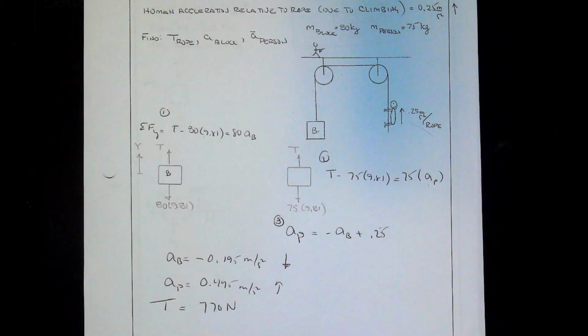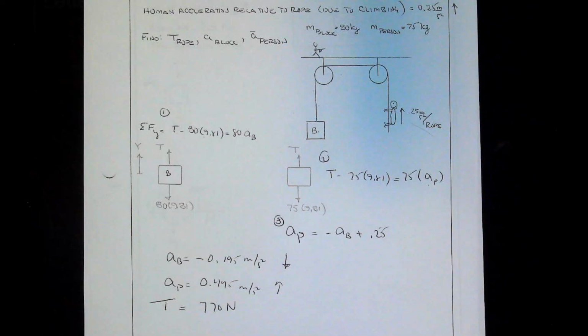So I'll put in AP here, but what I'll note is that, and if I look here, I have 1, 2, 3 unknowns. But what is AP? AP is simply minus AB plus how fast he's going relative to the rope. Then there we go.